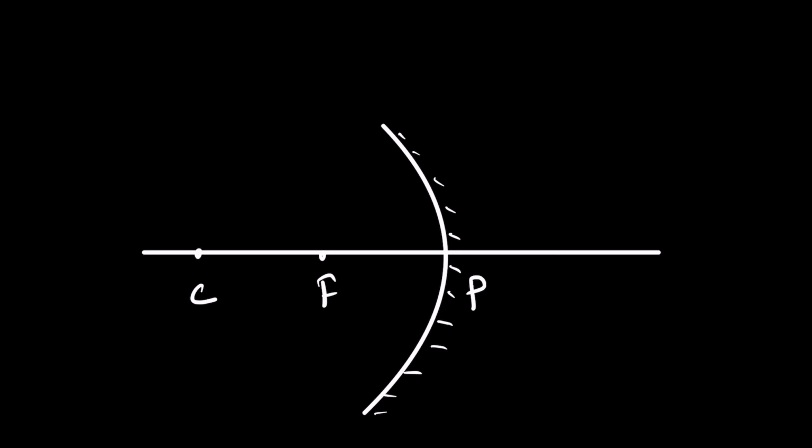So here we place the object which is between P and F and take the 2 rays. One is parallel to the principal axis, so it will always pass through the focus. And second, we can take the pole.